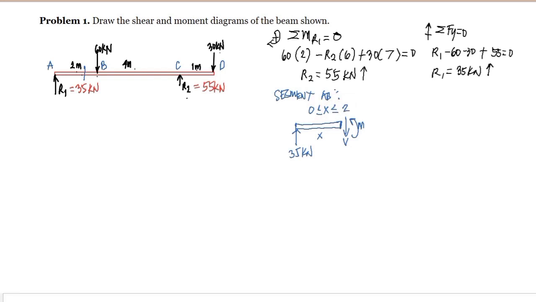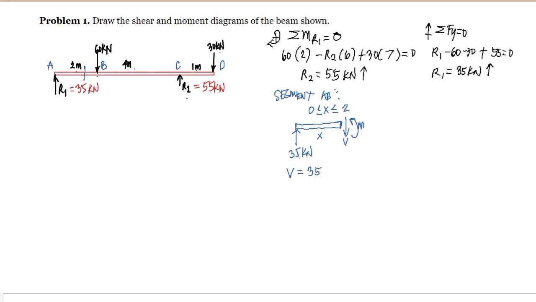So for the shear equation, as you can see here, the only force that creates shear here is the 35 kilonewton reaction. So this is equal to 35, and this is the equation for the shear.